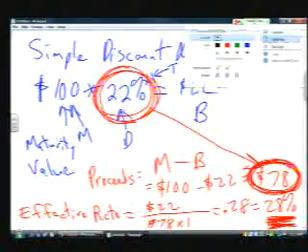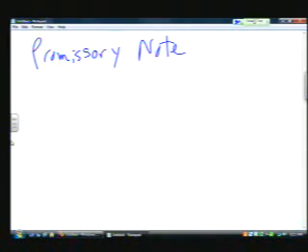So if we redo this in a promissory note format, there's going to be an amount that you have to pay back.